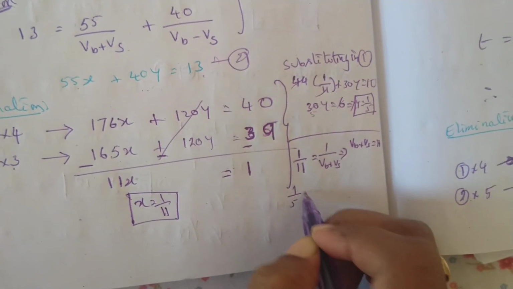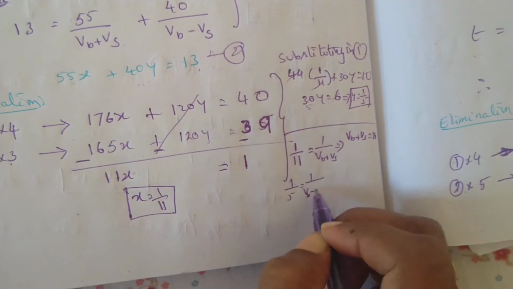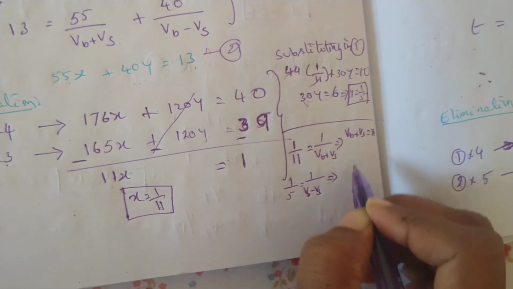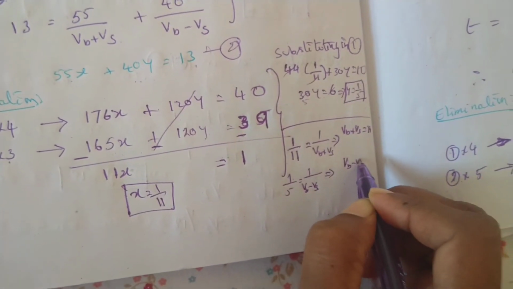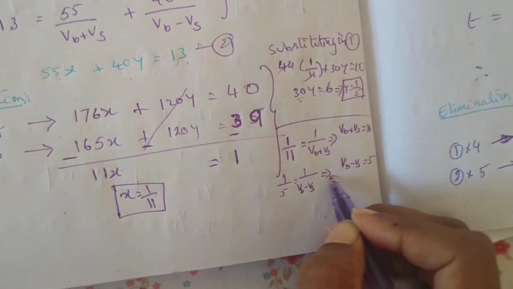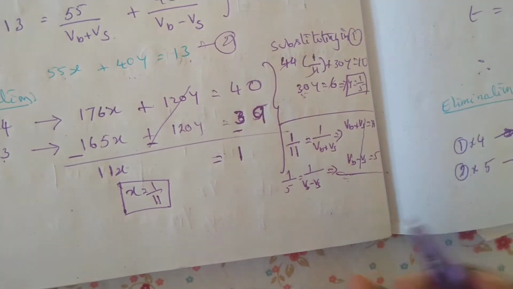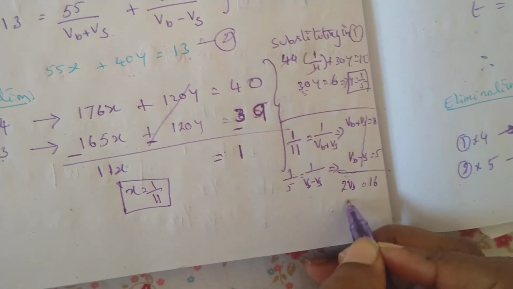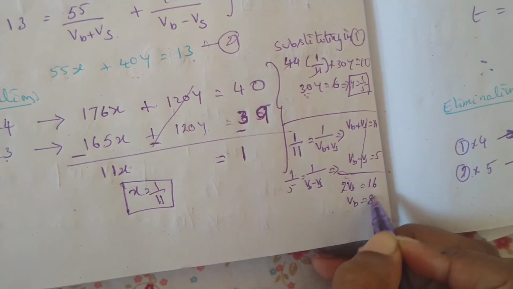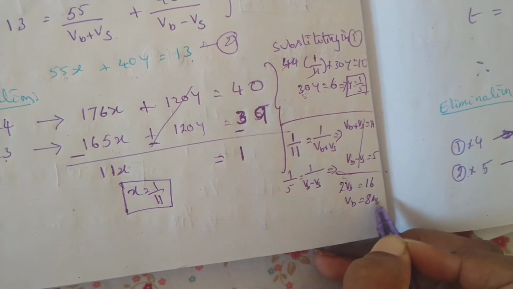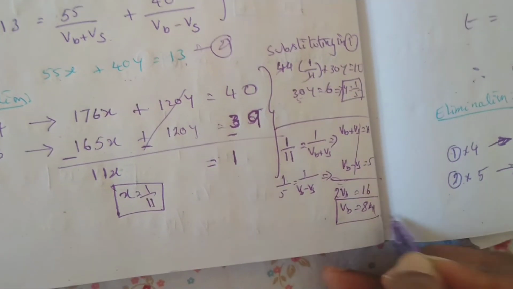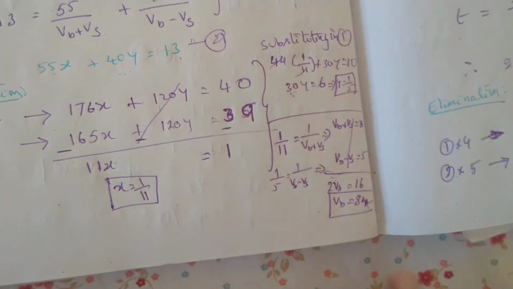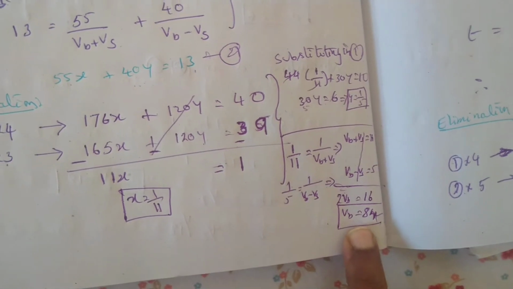Similarly, 1 by 5 is equal to 1 by VB minus VS, which implies VB minus VS is equal to 5. Elimination. Now again VS will get cancelled. 2VB is equal to 16 or VB is equal to 8 km per hour. So we got the velocity of the boat to be 8 km per hour.